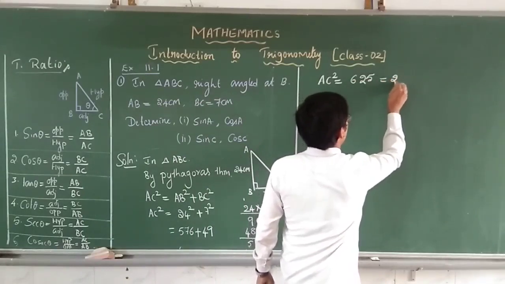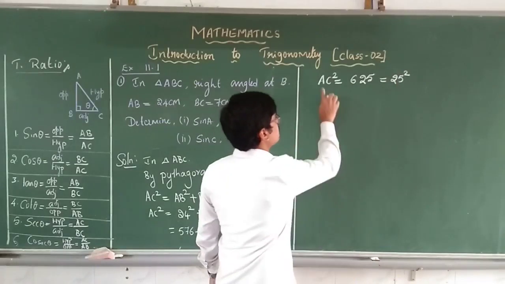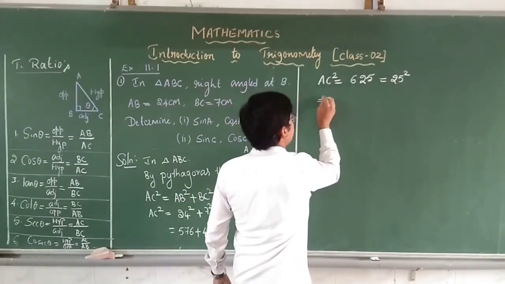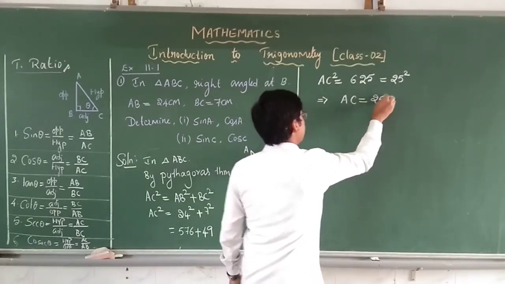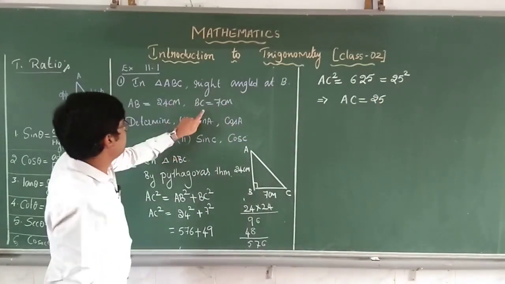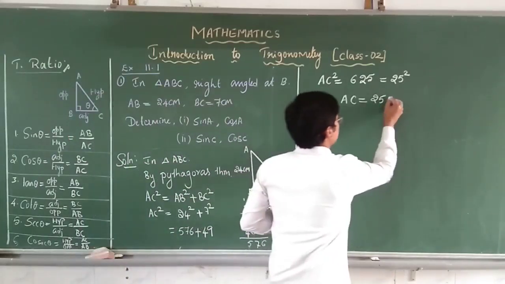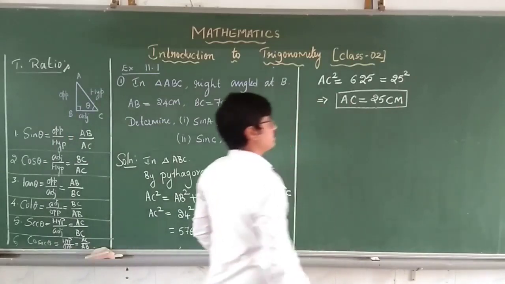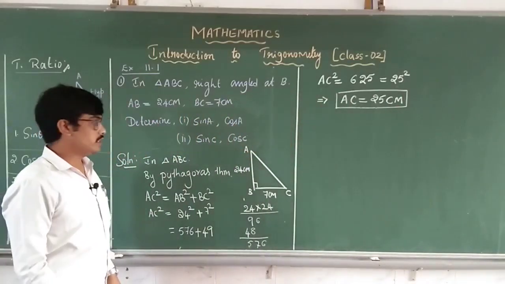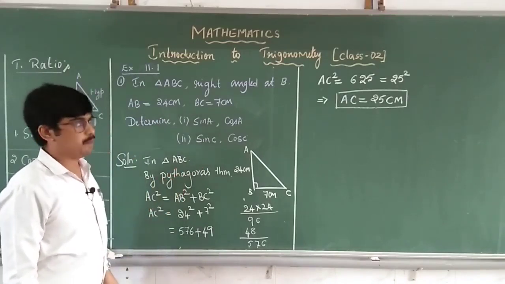We know 625 is the square of 25. Therefore AC square is 25 square. This implies AC is 25. They gave AB and BC in centimeters, so definitely AC is also 25 centimeters. So this is the length of the third side of the given triangle.